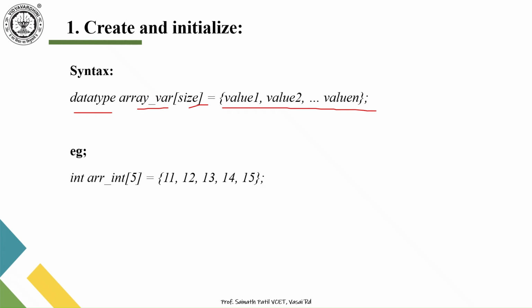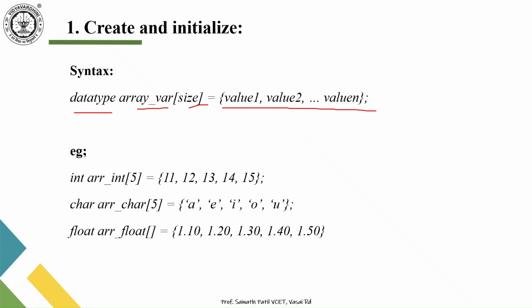For example, int array of 5 in curly brackets 11, 12, 13, 14 separated by commas. Similarly, a character array can be given. Each character must be enclosed in single quotes. Then float array, floating values. So this is creation and initialization of array.